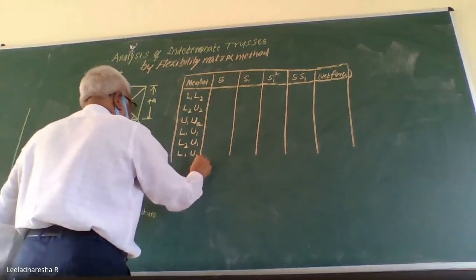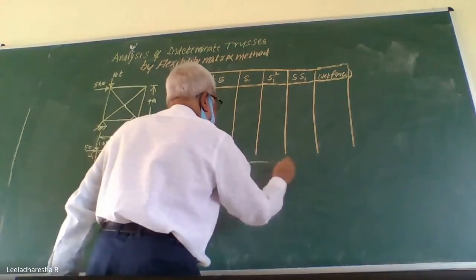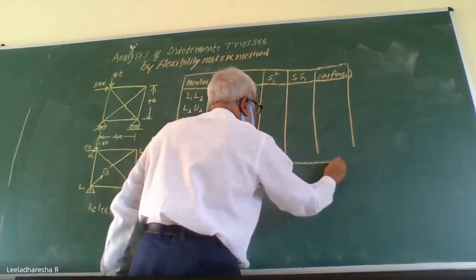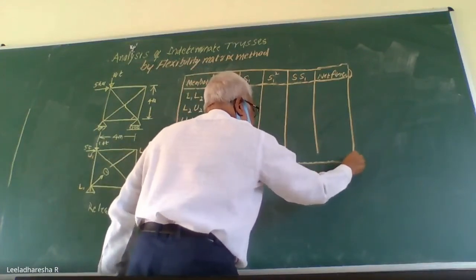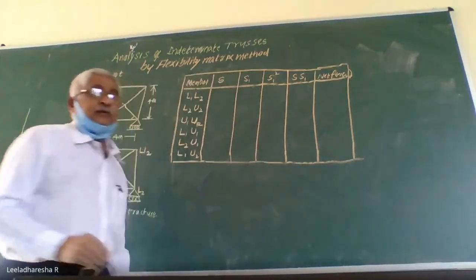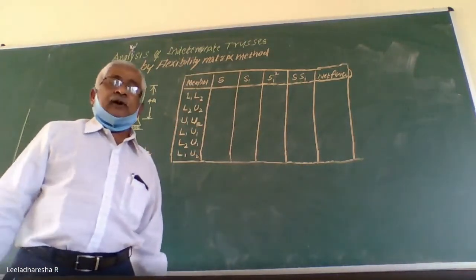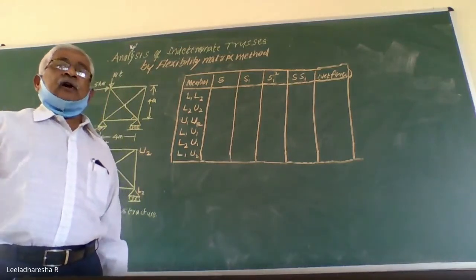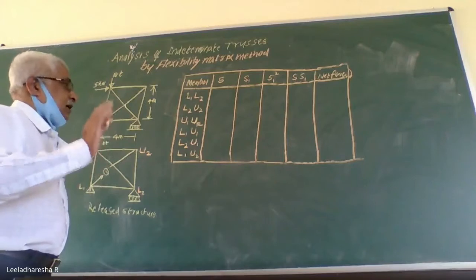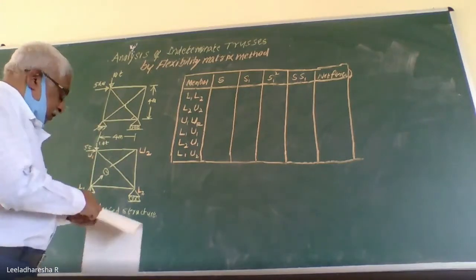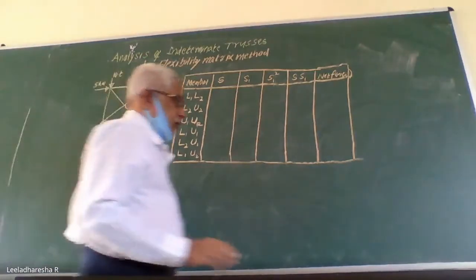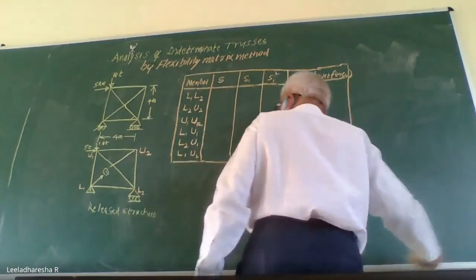Due to the application of the external load, what are the forces induced in all the members? You need to find that by using either the method of joints or the method of sections, whichever you feel is easy. I think the method of joints is quite easy, even though it is a little bit lengthy.